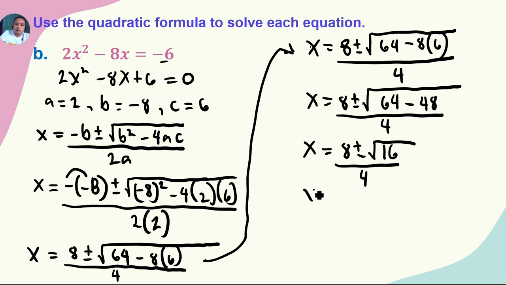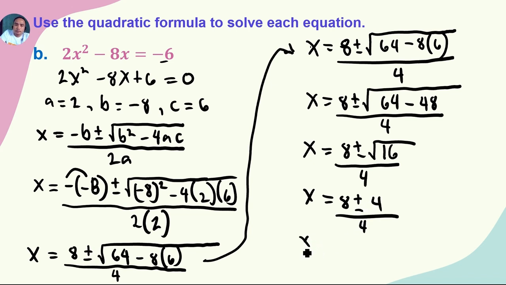Now let's have x equals 8. The square root of 16 is positive and negative 4, since it is a perfect square, so the square root of 16 is 4, all over 4. Now, let's separate the two signs here, the plus and the minus.